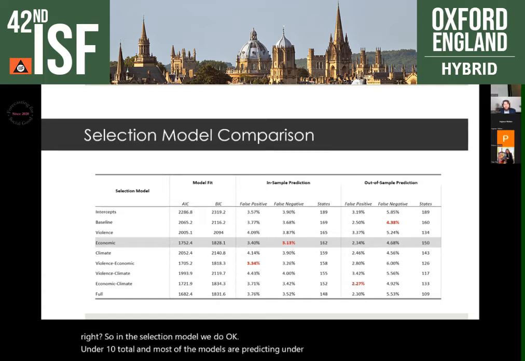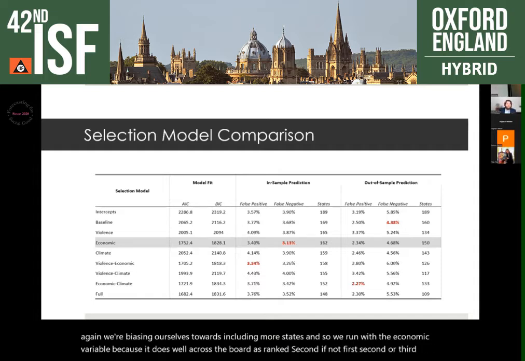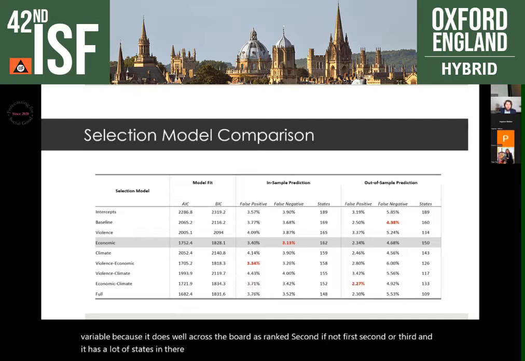In this case, we're biasing ourselves towards including more states, and so we run with the economic variable because it does well across the board. It is ranked second, if not first, second or third, and it has a lot of states in there. As opposed to the full model, where you see we drop down to 109 states, and in this case, states are countries.